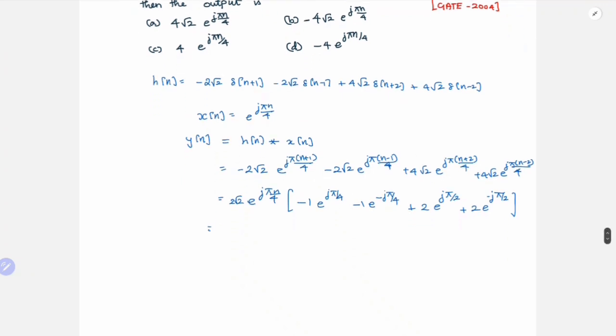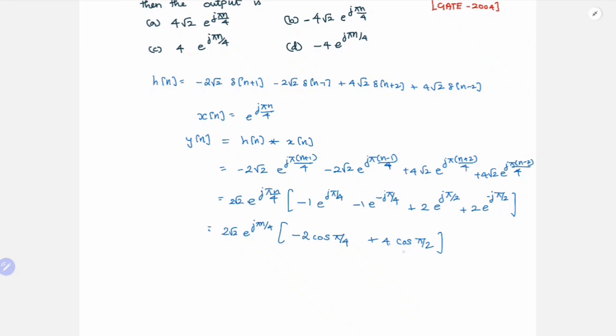So each of them I can expand. So 2 root 2 e power j pi n by 4 into, this is nothing but minus 2 cos pi by 4, right? And what will this be? Plus 4 cos pi by 2, since this is also cos.